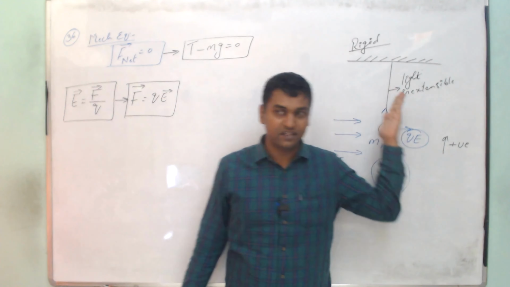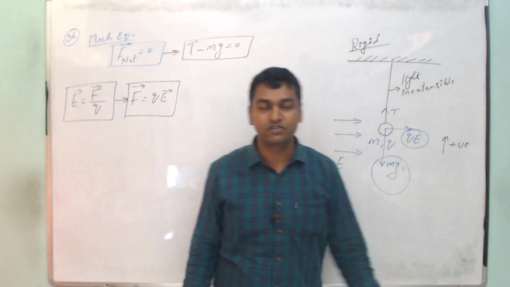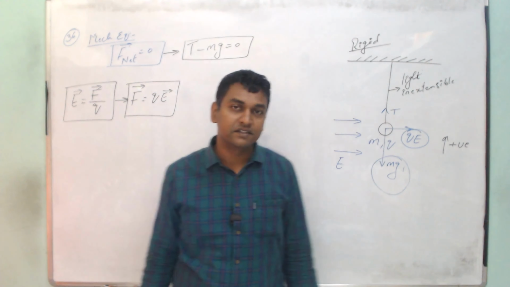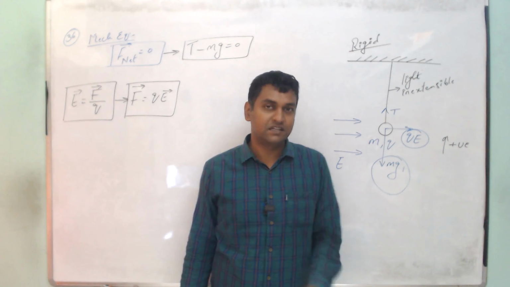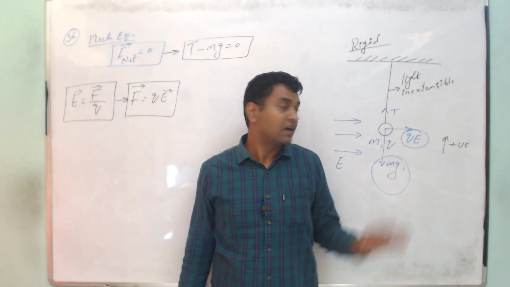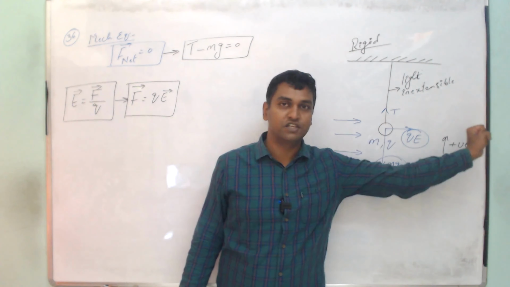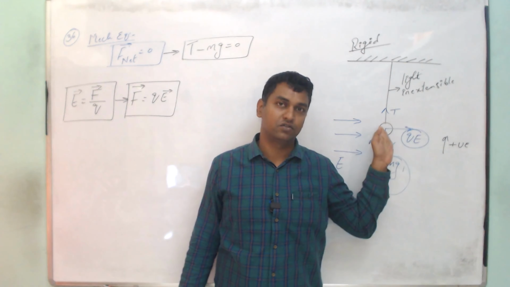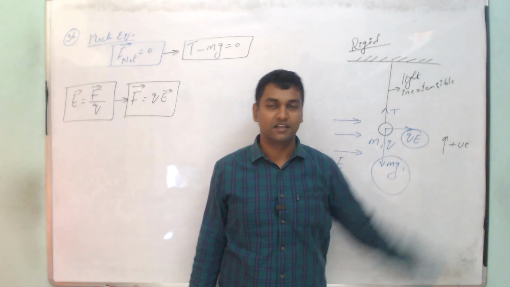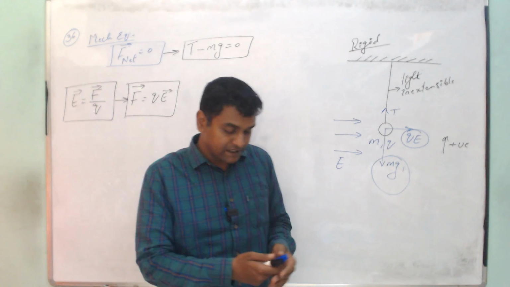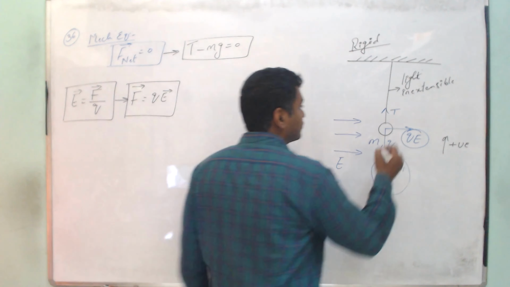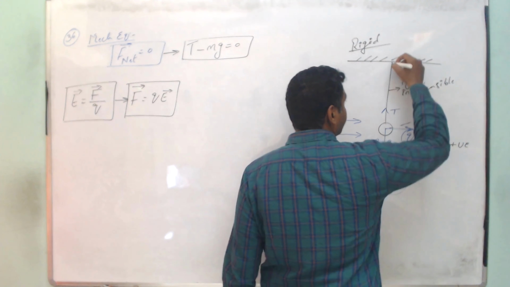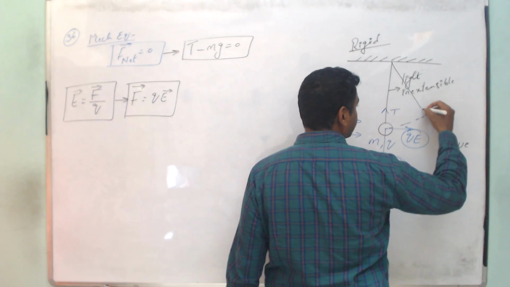The string will swing like this. Physically, if I held you and pulled or pushed you, you will shift, right? So can I say that the ball will go somewhere like this, and it will reach somewhere over here?